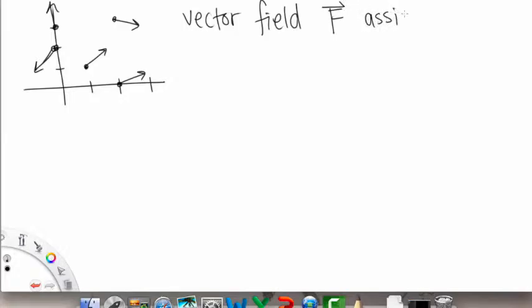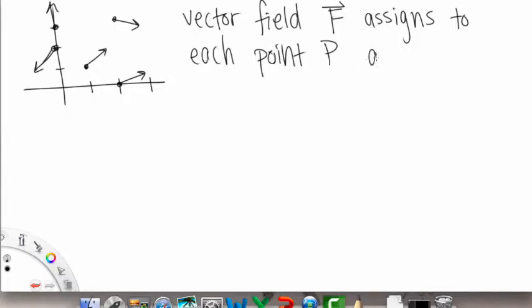What it does is it assigns to each point, and we'll call the point P, just because P corresponds to point, a vector, and the notation is F of P.